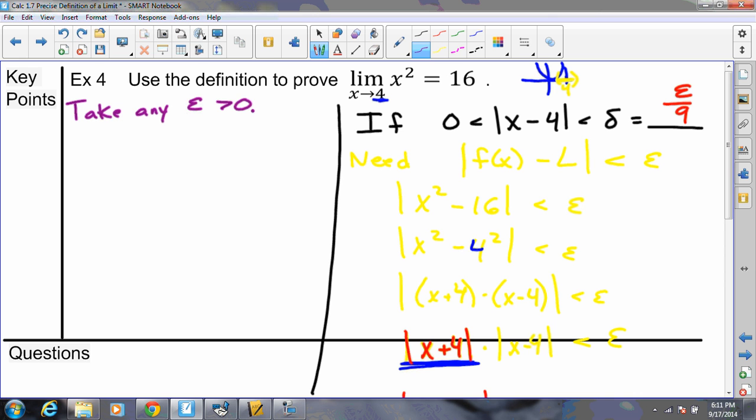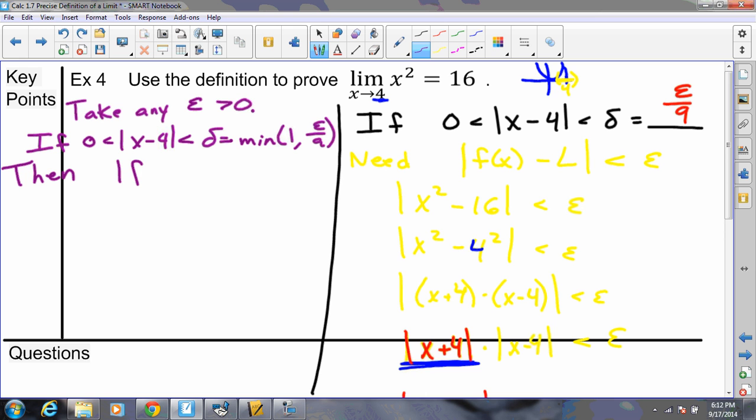And if we have 0 less than x minus 4 absolute value is less than delta, which was equal to the smaller one of 1 or epsilon over 9, then we'll run through our part for our f of x.